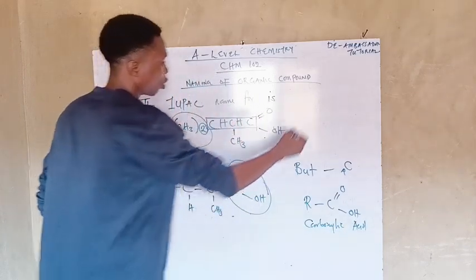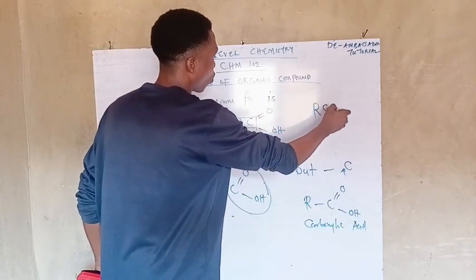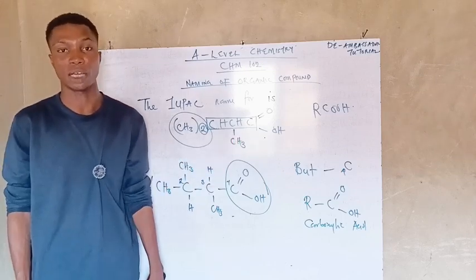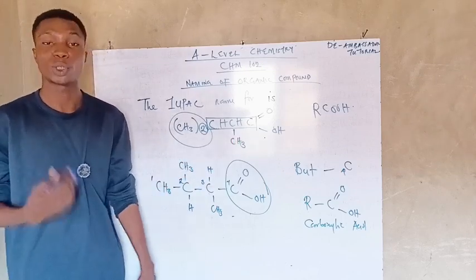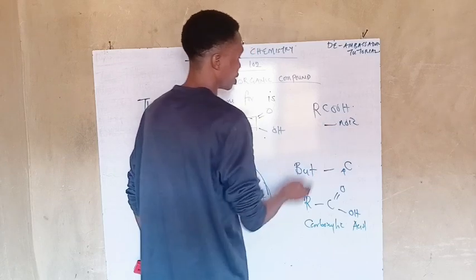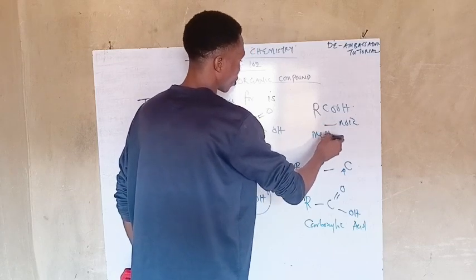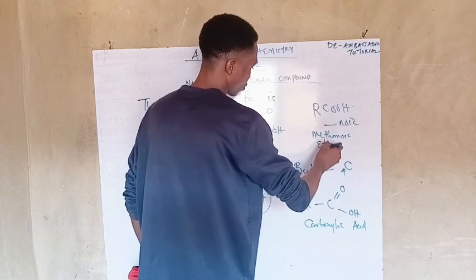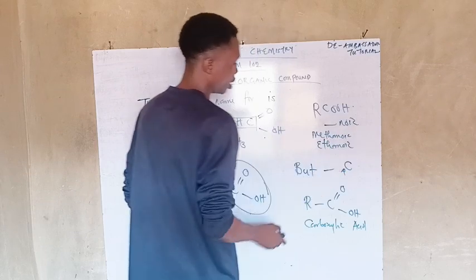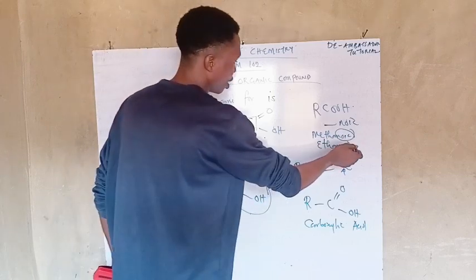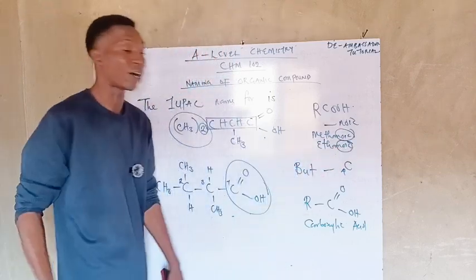Sometimes it's also written as RCOOH. So anytime we see this functional group, it's called the carboxylic family. Most of the time, the family usually ends with noic. For instance, we can have methanoic, we can have ethanoic. As you can see, at the end of the compound, there's always this oic. So they are called the carboxylic family.